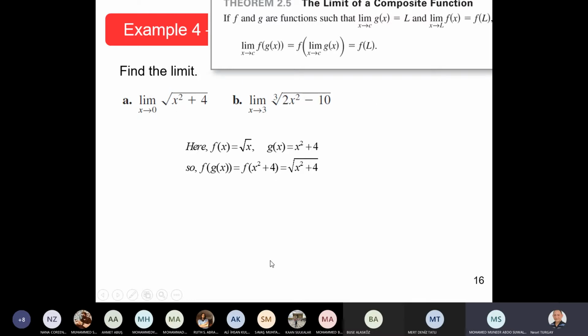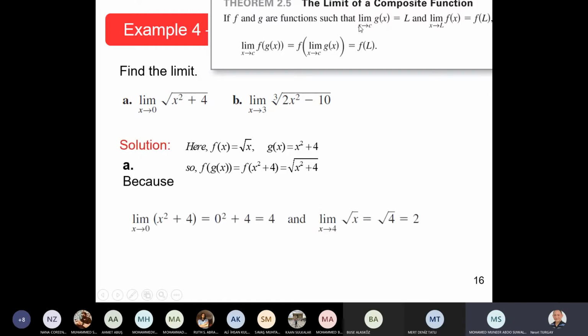This theorem is holding. Here the limit of g of x is L. So our g is this function. Look at this limit, x goes to c, now x goes to 0. It equals what? 4. This 4 is your L. Now you are looking at the limit of f of x as x goes to L. L is what? 4.